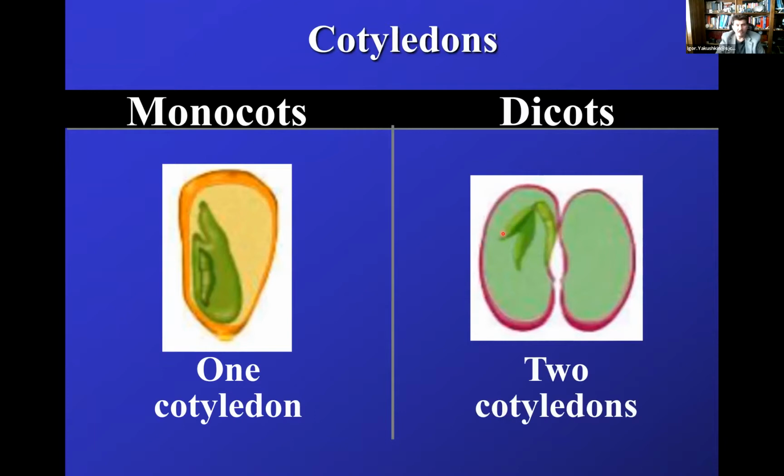Those leaves are really important for the embryo because they help in digestion of the stored food for the embryo. For example, here it's a kernel of corn. In corn, as you know, corn is rich in starch. Starch is a large molecule made out of thousands upon thousands of molecules of glucose.